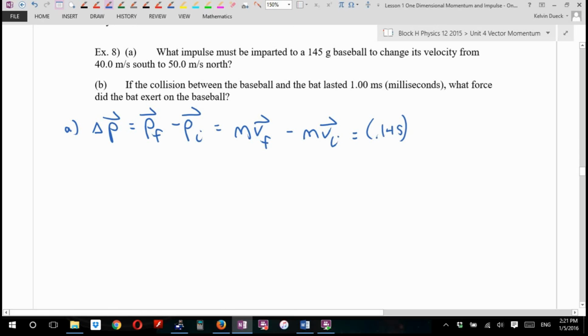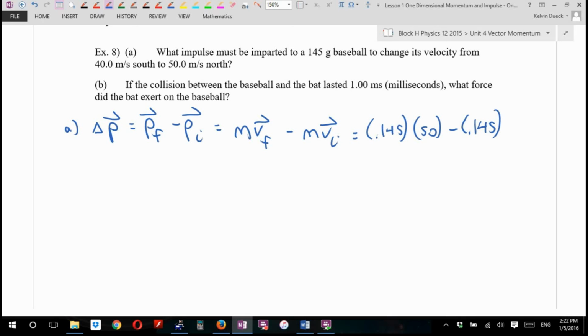What's the final velocity of the baseball? 50, minus, you said the mass of the baseball was 0.145. Raj, what's the initial velocity of the baseball? Nope. By the way, I like this question.